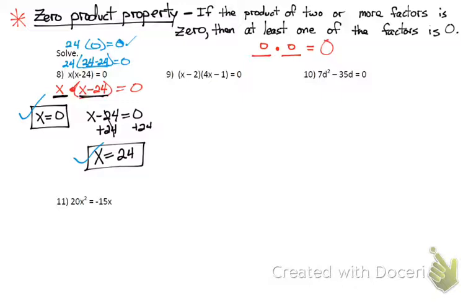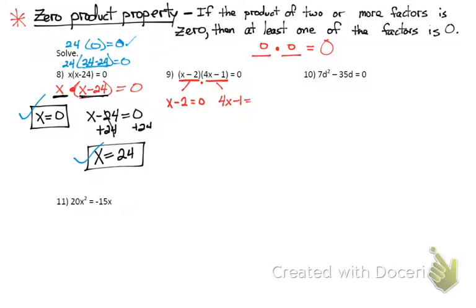So number 9, we look at number 9 and we notice it says the same thing. You have something times something else, and the answer is 0. Because of that, you can say either this first thing, x minus 2, has to be 0, or the second thing, 4x minus 1, has to be 0.